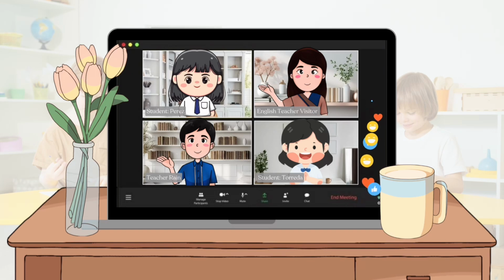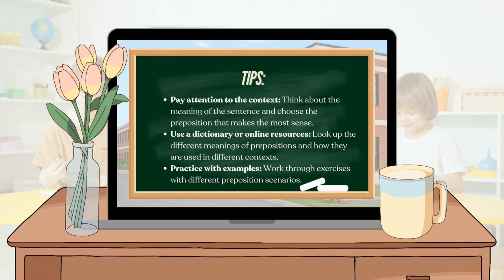Second, use a dictionary or online resources. Look up the different meanings of prepositions and how they are used in different contexts. Lastly, practice with examples. Work through exercises with different preposition scenarios.